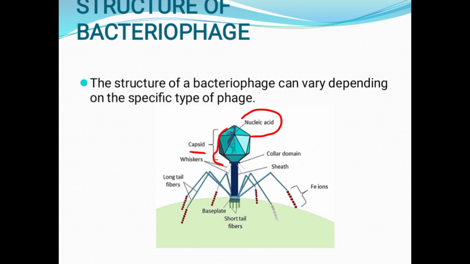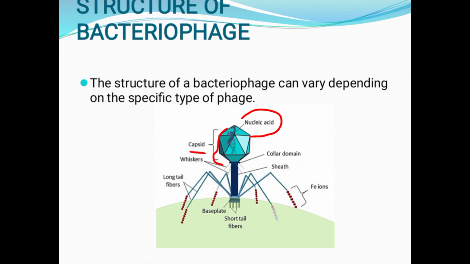The main function of this capsid or the head is that it is always made up of protein and it always encloses the phage's genetic material. Any bacteriophage has genetic material, and the genetic material is always either DNA or RNA.